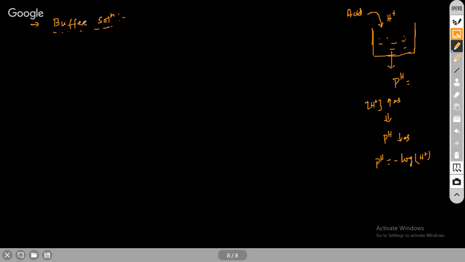Buffer solutions are those solutions which resist the change in pH. Which resist the change in pH.